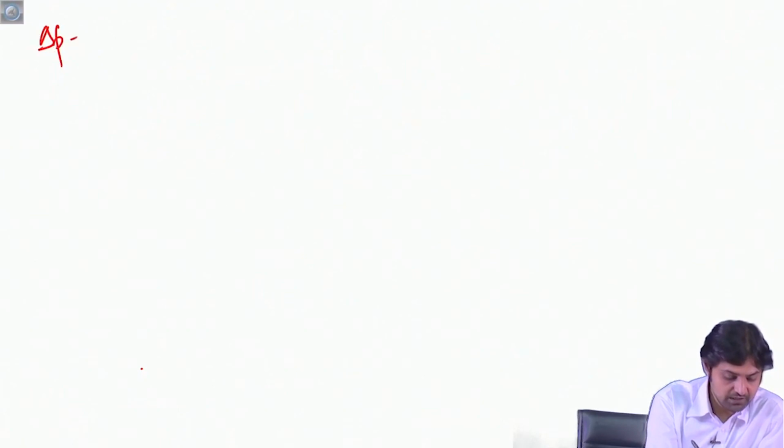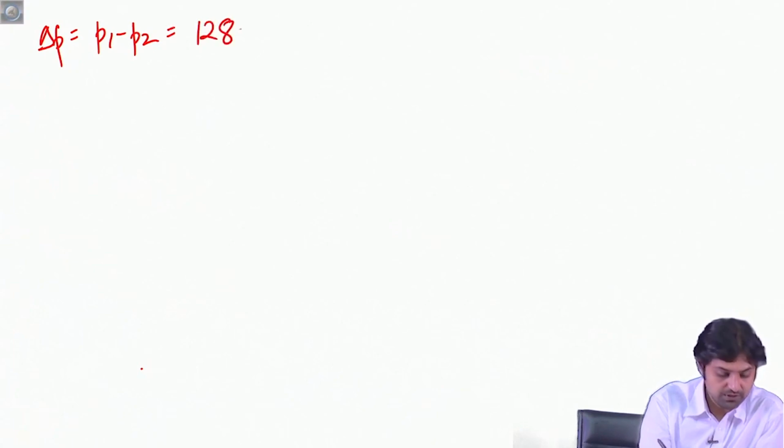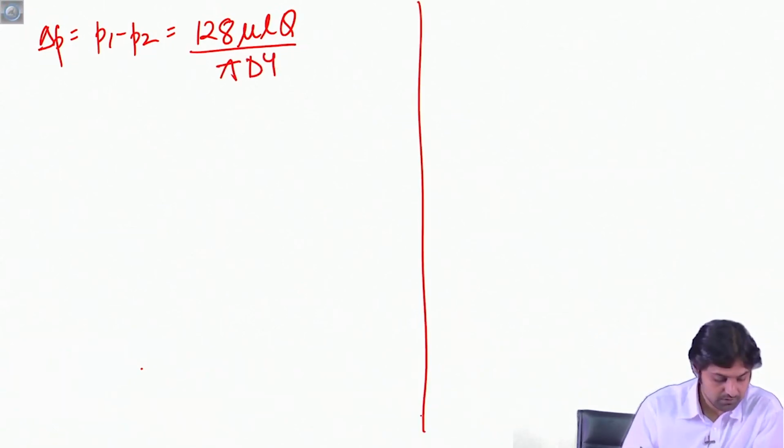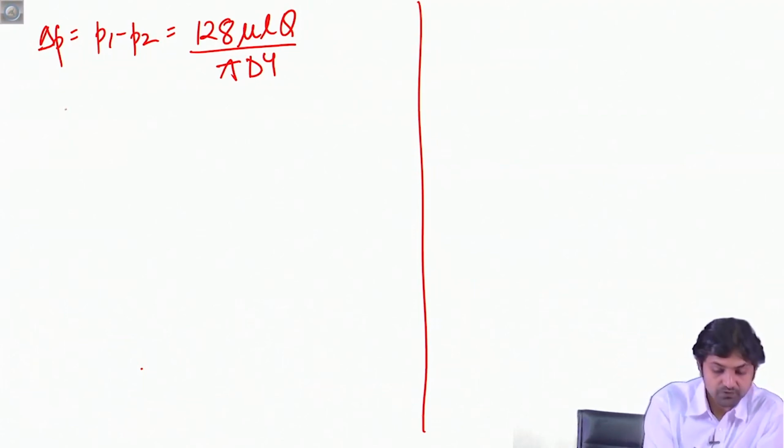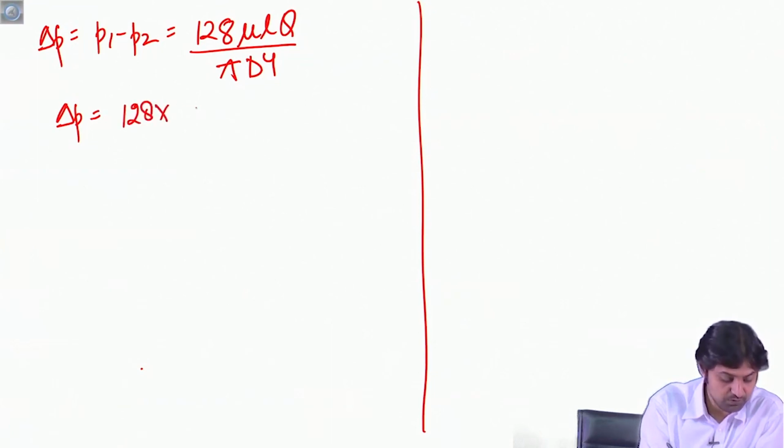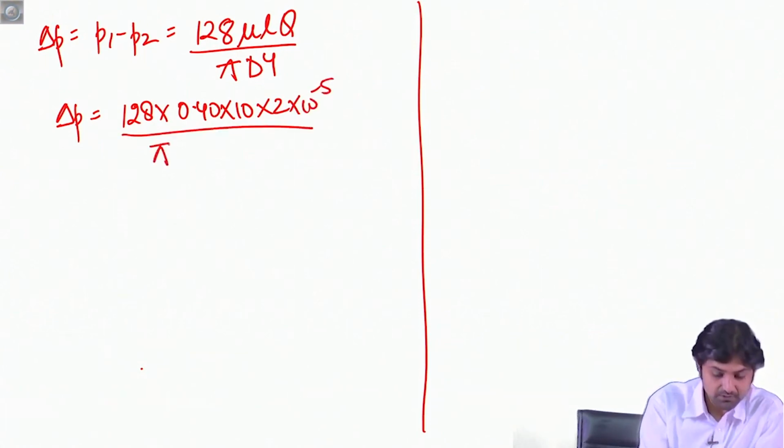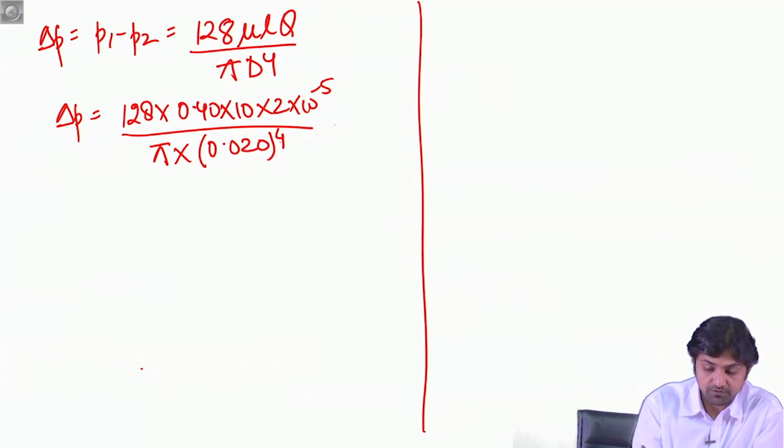Delta P, I will rewrite the equation, is equal to P1 minus P2 is equal to 128 mu L Q divided by pi d to the power 4. So delta P is going to be 128 into mu, 0.40, into 10 into 2 into 10 to the power minus 5 divided by pi into 10 to the power 4.